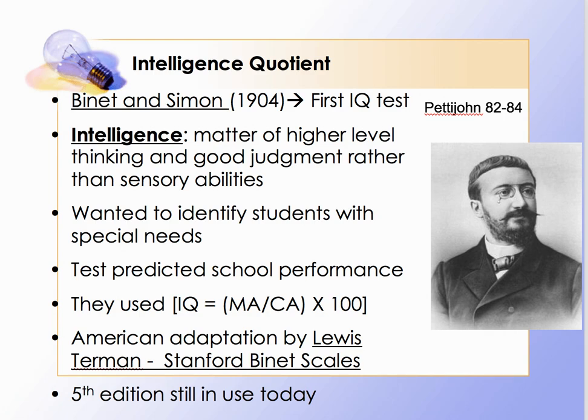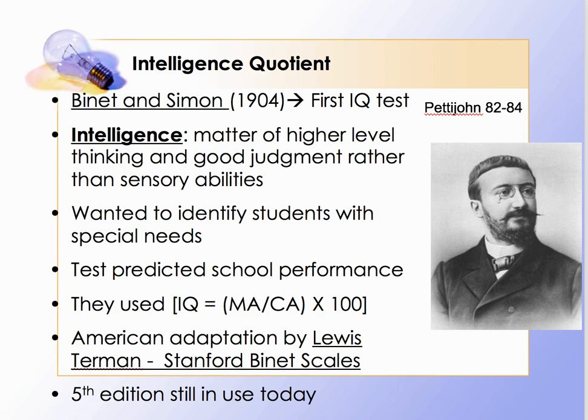Okay, so they developed the Simon-Binet scale of intelligence, and over time, Terman at Stanford University in the United States took this assessment and kind of tweaked it a little bit, updated it, and now we have the Stanford-Binet scales of intelligence that are still used today.